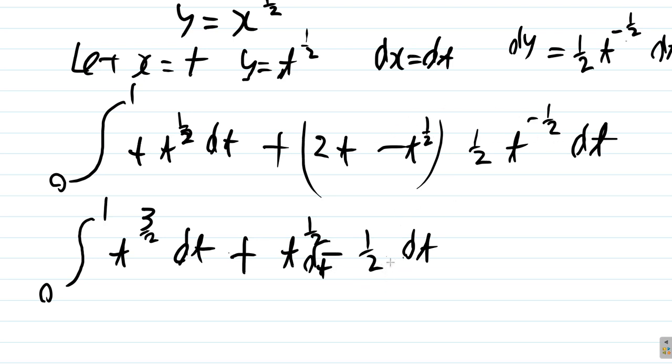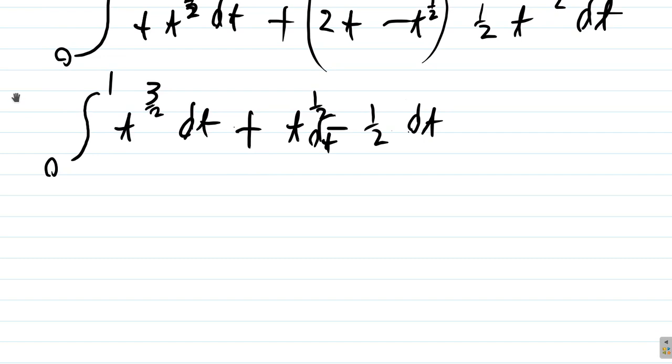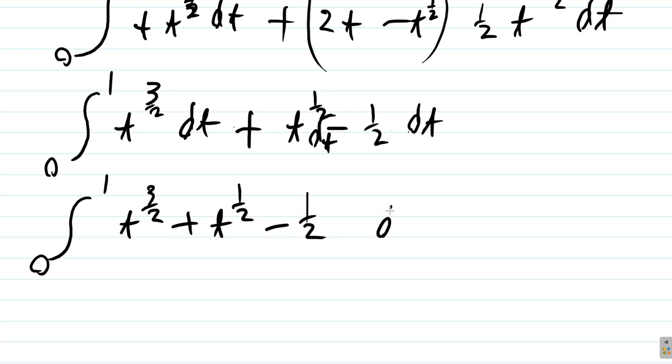Alright, so let me see what else is happening here. Could factor out the dt too, you know. Make it look a bit simpler. 0 to 1 of t to the 3 over 2 plus t to the half minus half dt. See that? Just factor out the dt there. Okay, so ready to integrate now.